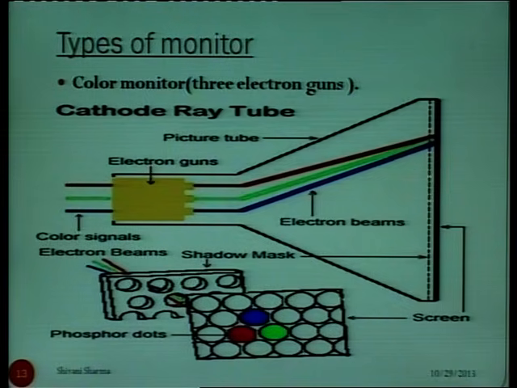So, in general we can say that color monitors have 3 electron guns as compared to the monochrome monitor which has only 1 electron gun, and with the combination of these 3 electron guns we can form many colors on the screen.